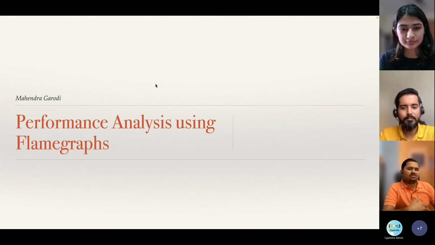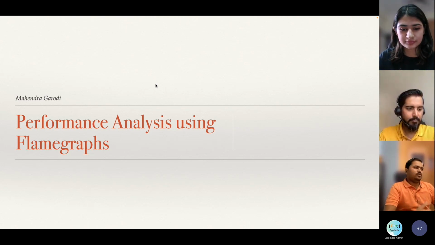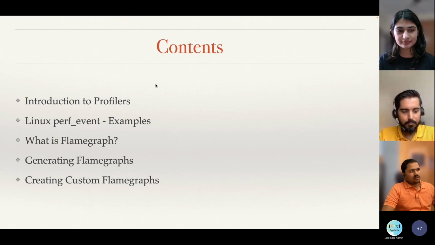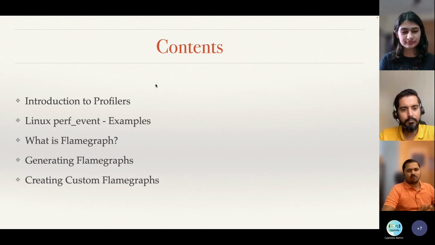Without flame graphs, what are the basic steps to do a performance analysis? And when you get hold of flame graphs, how do things become easy? What I'm going to cover is an introduction to what profilers are and what they do. Then we'll talk about perf event, which is one of the profilers available on Linux systems.